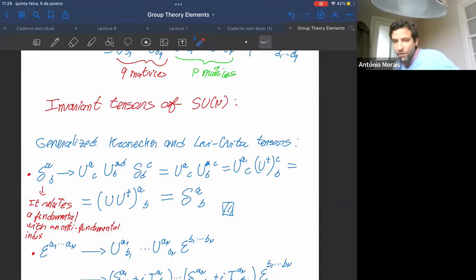This is why in the previous lecture I said that sometimes with epsilon the Einstein summation convention will not be possible to hold.